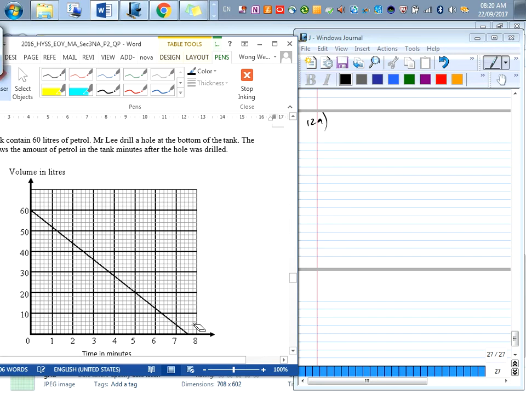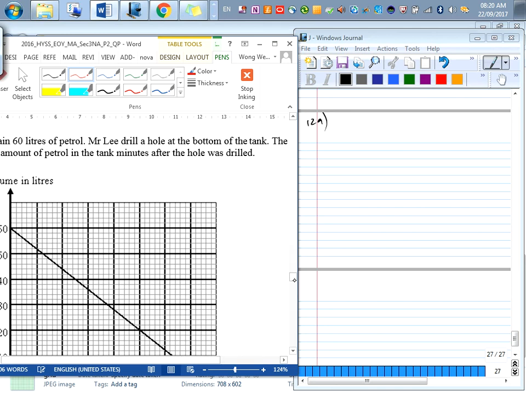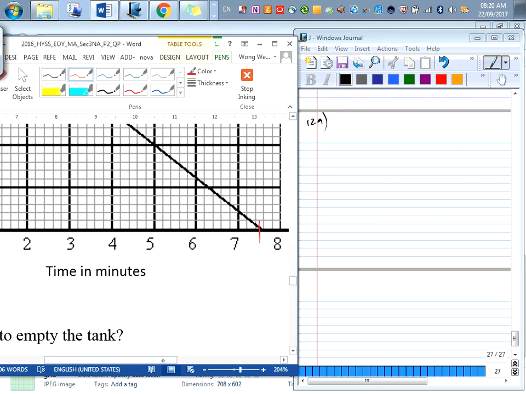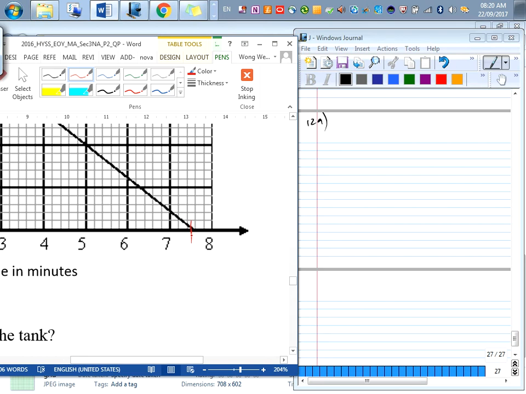So what is halfway? I think your paper is not very clear. It is actually in the middle of this square, you see it's in the middle? So it should be 7.5. But in your exam paper, we will make it clearer for you, because this one they make it very small, so quite hard to see.